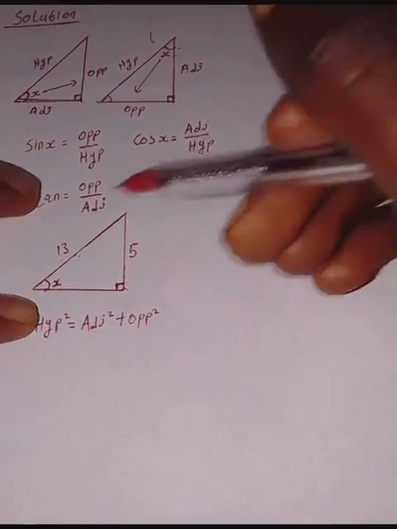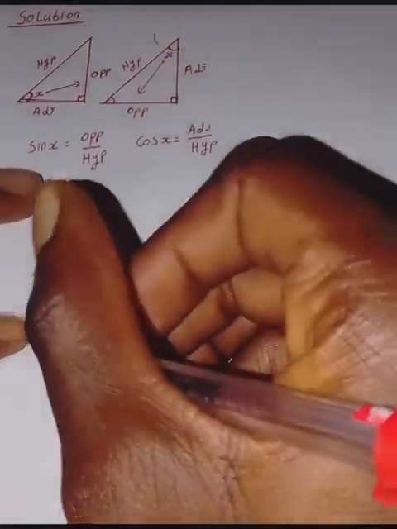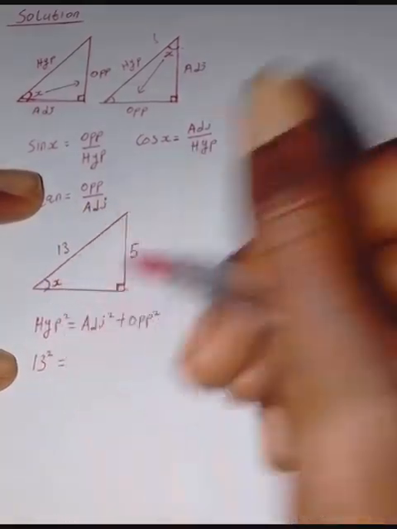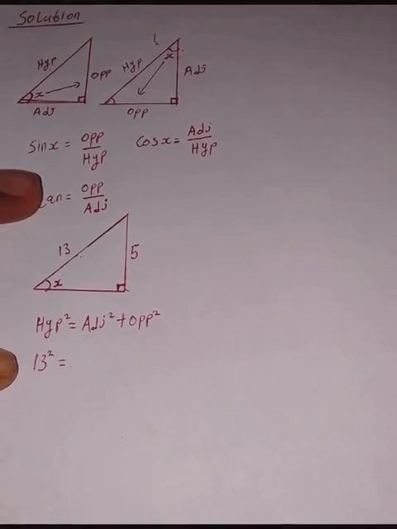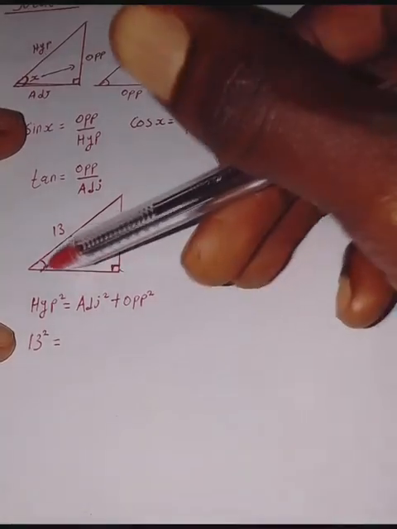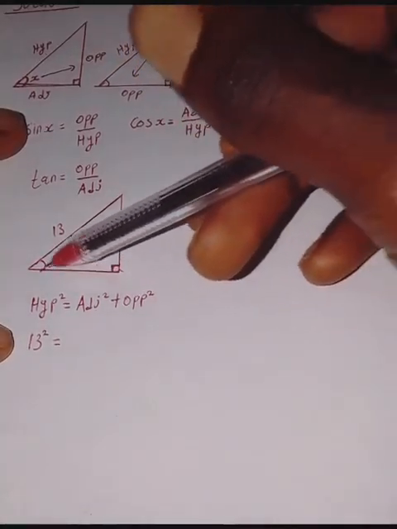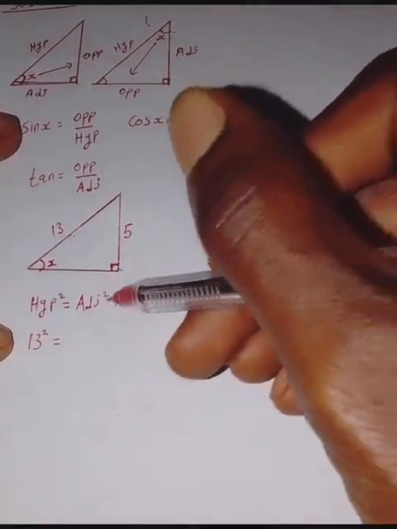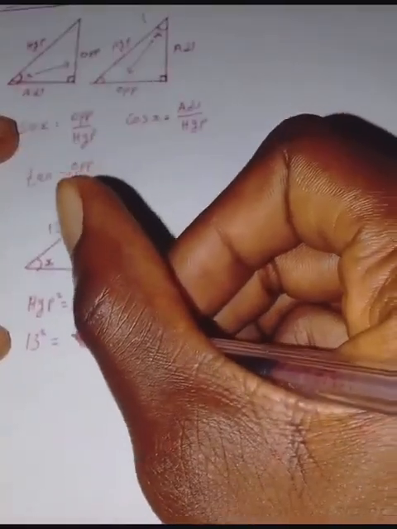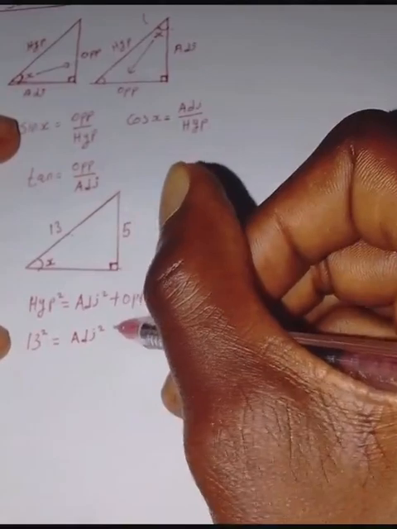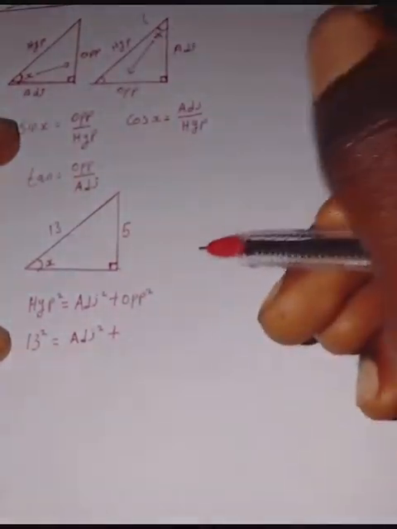I said the hypotenuse is the longest side, which is 13. So it means 13 squared equals the adjacent. We don't know it, but we know the opposite to be 5. So let's just leave it as adjacent squared plus opposite.